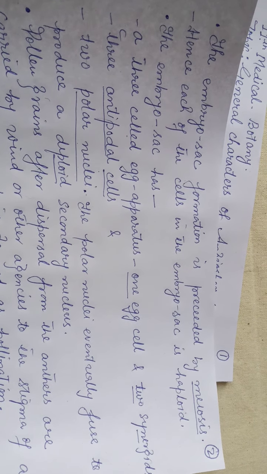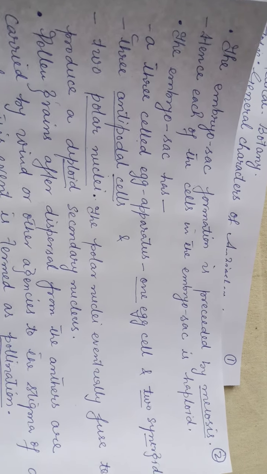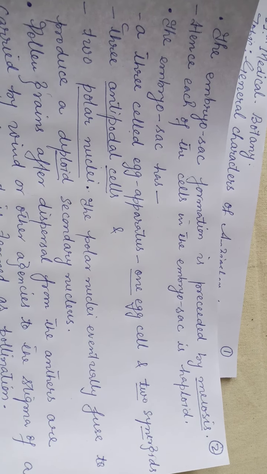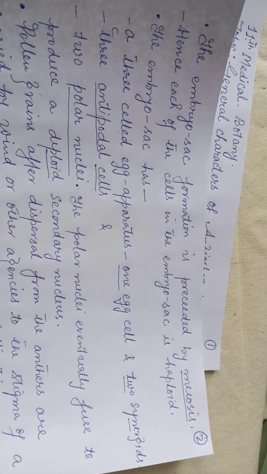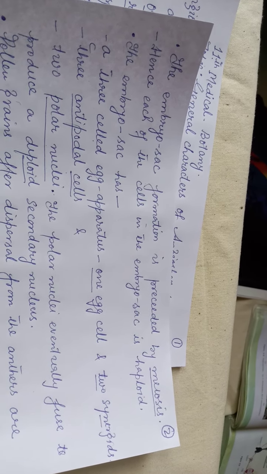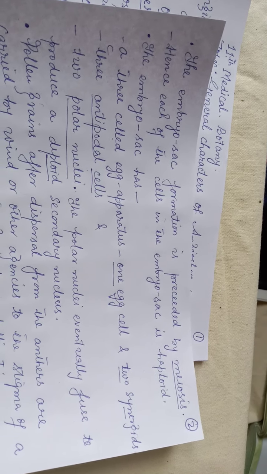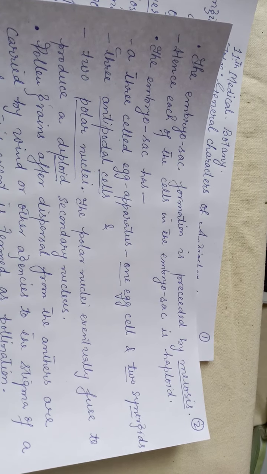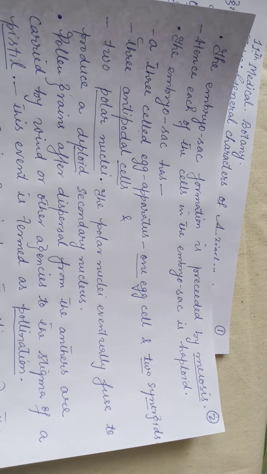Hence, each of the cells in the embryo sac is haploid. The embryo sac has a 3-celled egg apparatus, 1 egg cell and 2 synergids, 3 antipodal cells, and 2 polar nuclei. The polar nuclei eventually fuse to produce a diploid secondary nucleus.